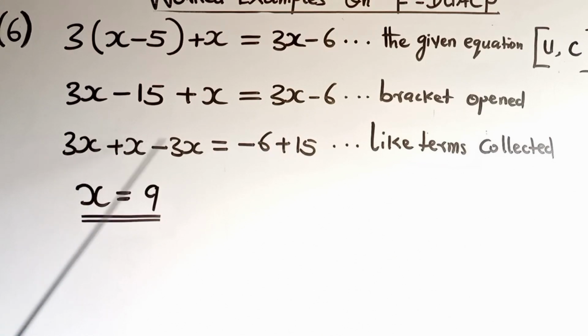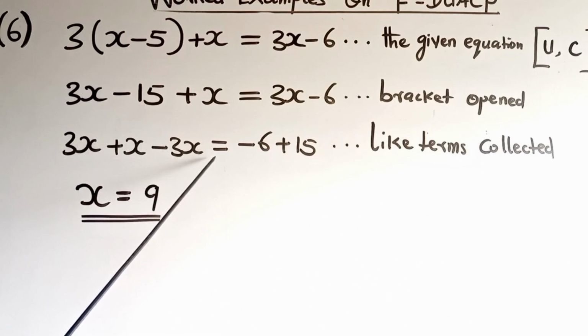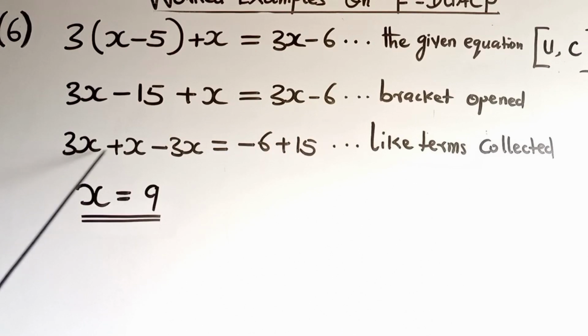Okay, now simplify both sides. That will be 3x plus x is 4x. 4x minus 3x is 1x. So 1x is the result of all of these things. It is because at last, what we have here as its coefficient is 1.